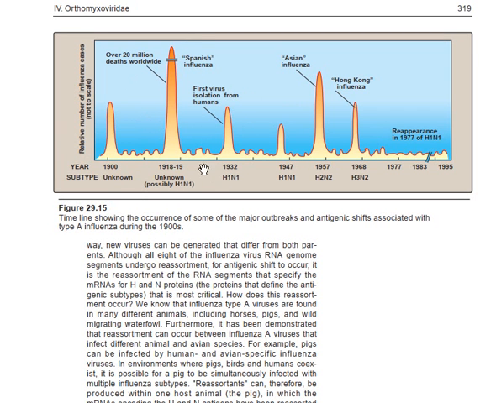One was in 1932. This is the H1N1, this is the H1N2, which caused that. Then this is the Asian influenza, the H2N2, all still the hemagglutinin and the neuraminidase.